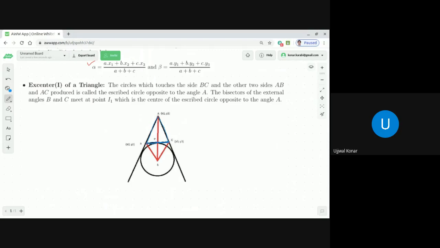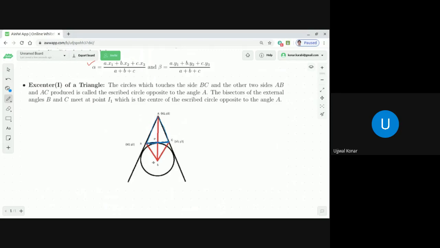That means you need to extend them, and then the circle we get has a property that its center lies on the bisectors of the external angles of B and C. Okay, got it? It is the bisector of the external angles of B and C.